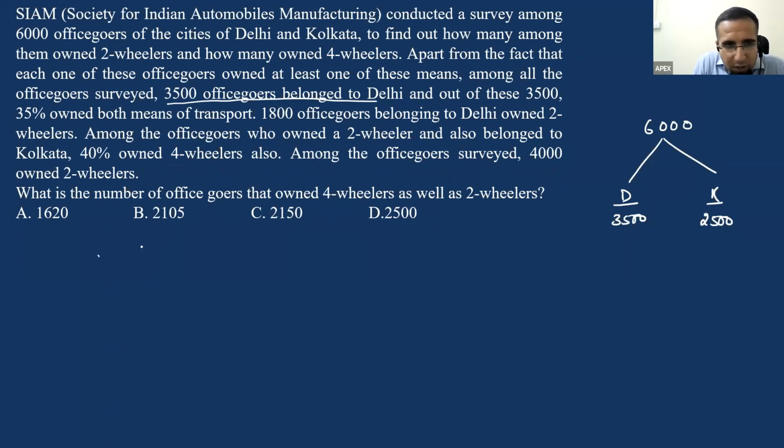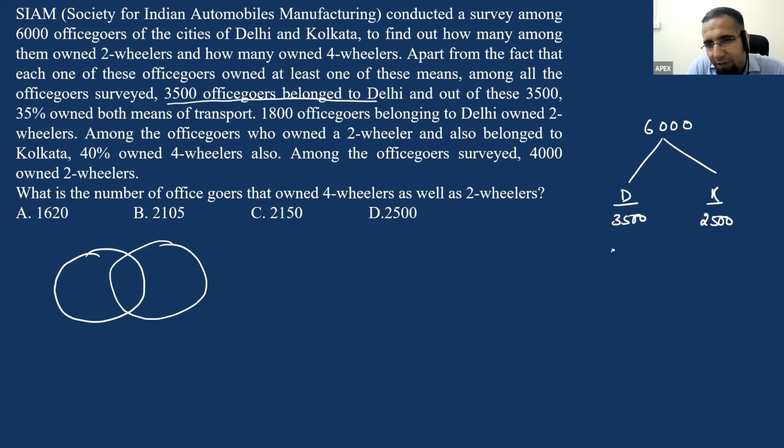So total is 3,500 and 35% of 3,500 becomes here, guys, 35 square. Now what is 35 square? 35 square becomes 1225 because it's a number ending with 5 whole square. So 5 square ends with 25 and the left hand side part becomes 3 into 4. So this is 1225 who owned both the means.